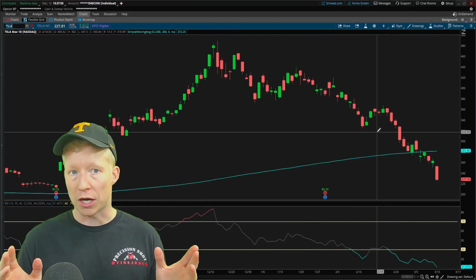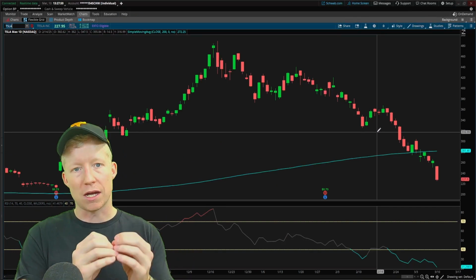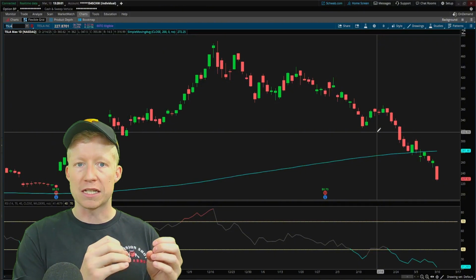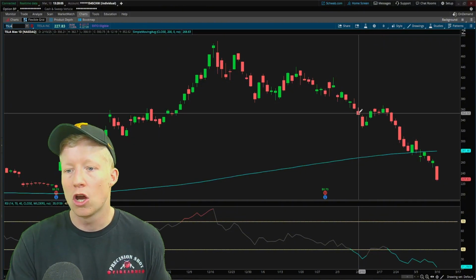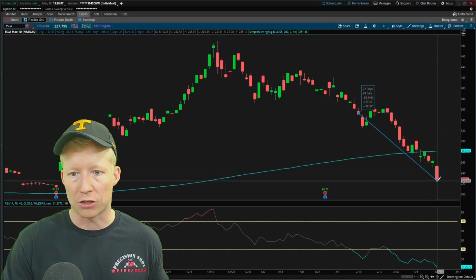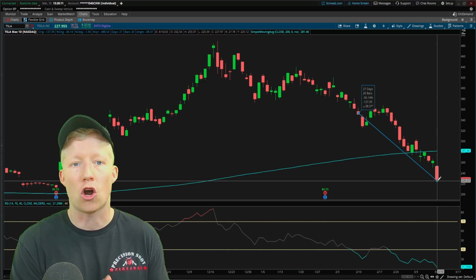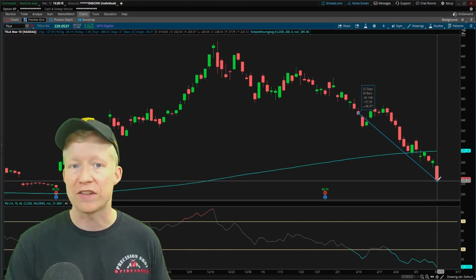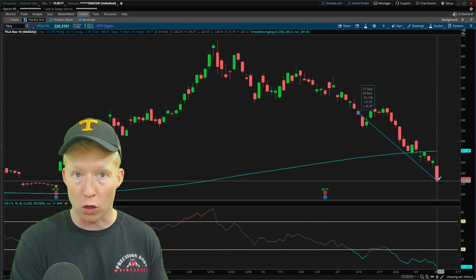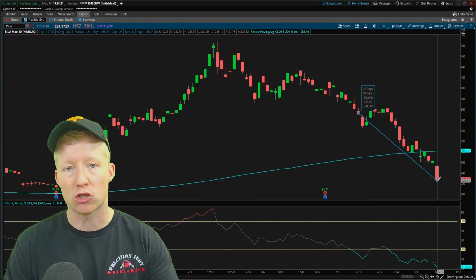Even though the entire market's coming down, you still have to judge the performance of a ticker versus the performance of similar tickers. You can't just say, oh, well, Tesla's just coming down because the market's coming down. Well, no, it's coming down twice as hard, if not more than twice as hard, as similar Magnificent Seven growth stocks. It is still grossly underperforming the market, even though it's following the same trend.